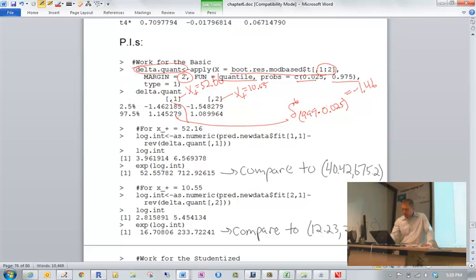Delta star 999 times 0.975 is equal to 1.15. Then you could do the same thing for x plus 10.5. So define 0.16. I'm sorry, what? It's 52.16, not 6.